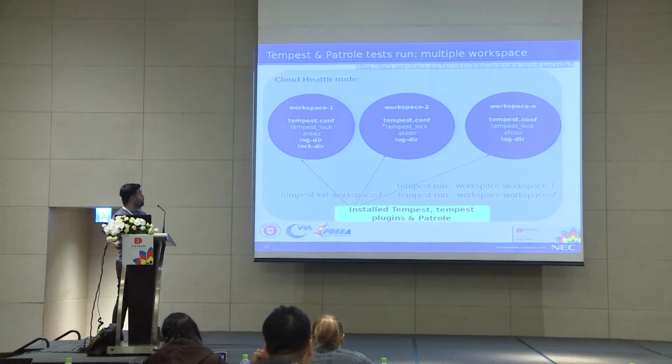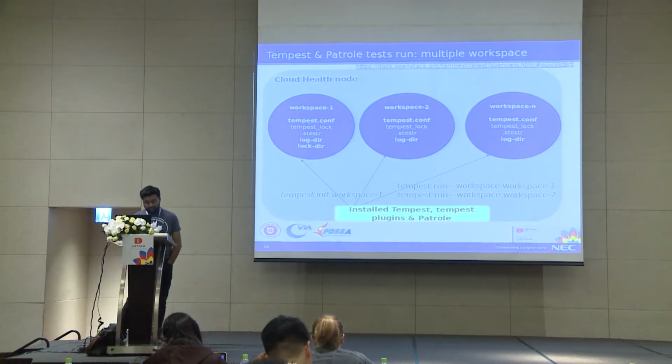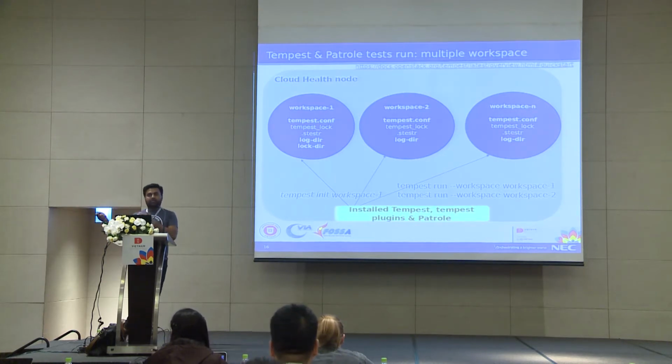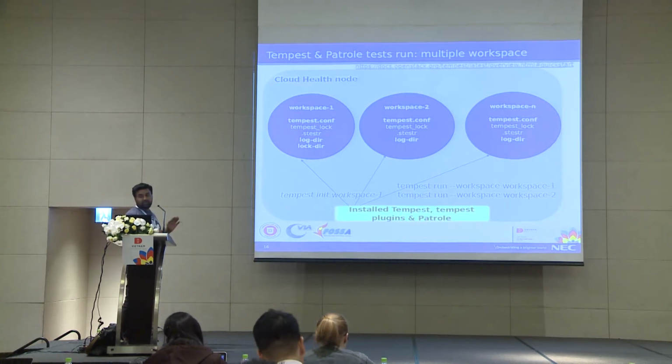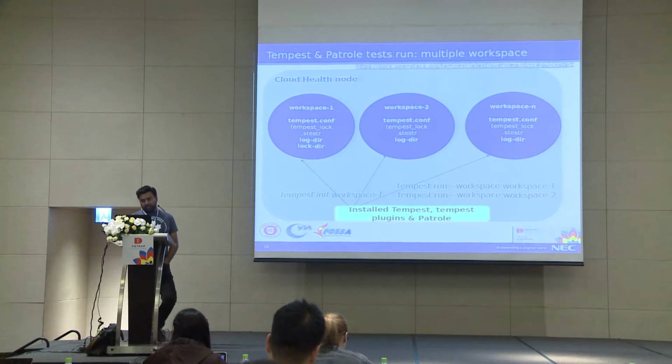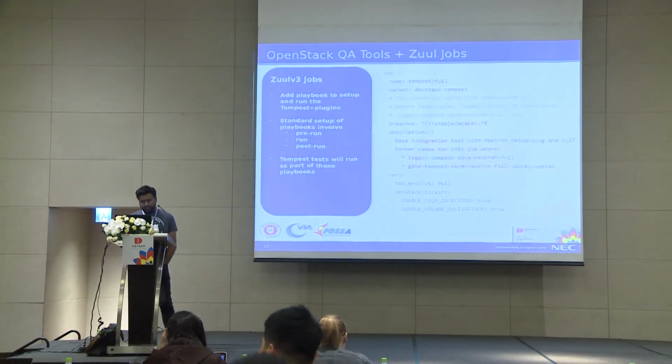So for example, if you are testing two production clouds, and one cloud has the resize feature enabled and the other has it disabled, you don't need to run Tempest two times. You can create two workspaces with different configurations and run Tempest in parallel. It will give the results of both. So this is how you can create different workspaces and run Tempest.